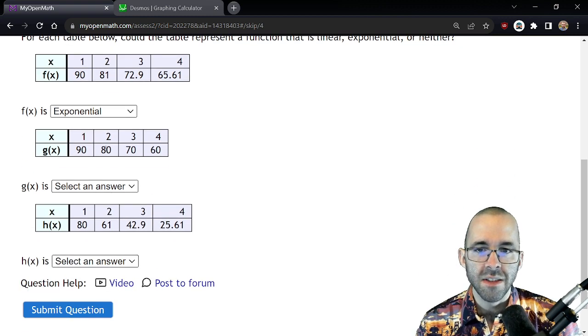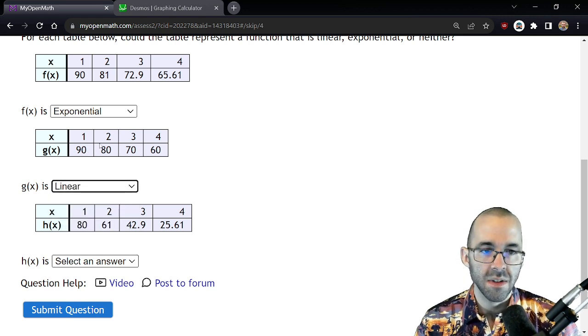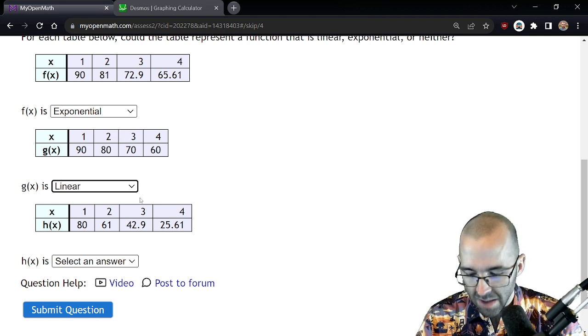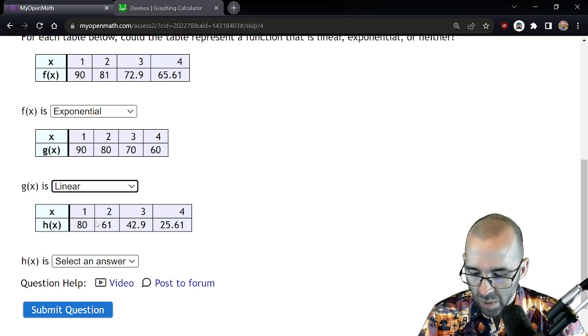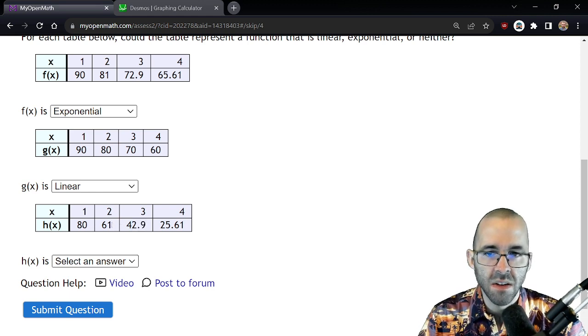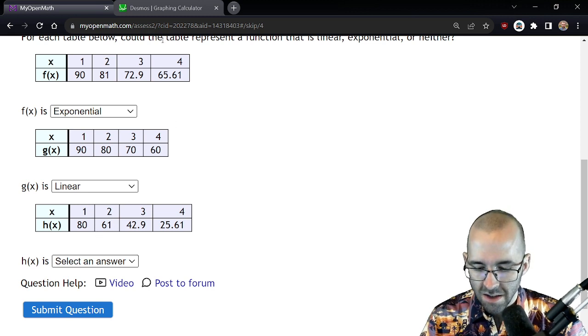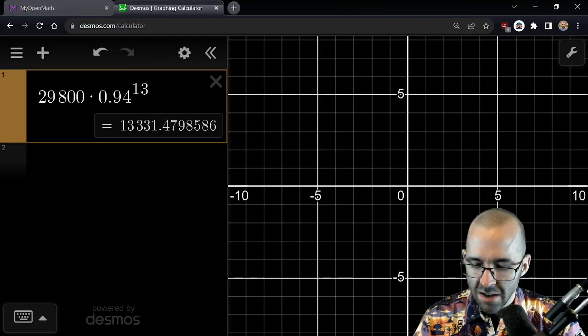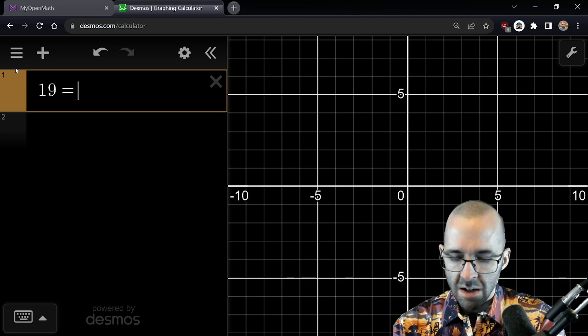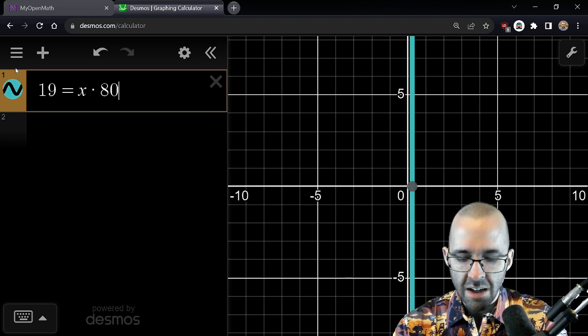Here, what's happening? We lost 10, and then we lost 10 again, and we lost 10 again. Okay. That's linear. We're losing a constant amount. We're adding or subtracting the same number every time. Here, we lost 29. Okay, it's not linear. We're not losing the same amount. What percent did we lose? We lost 19. 19 is what percent of 80?